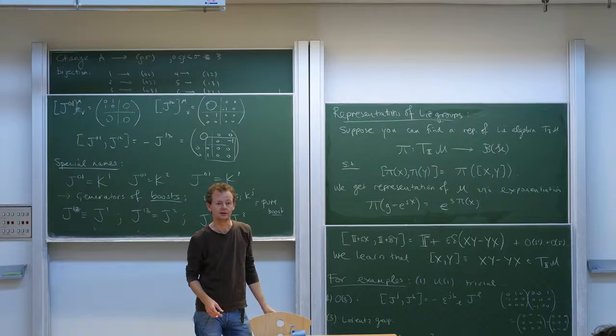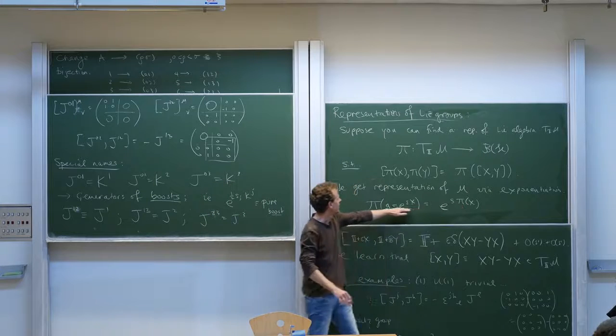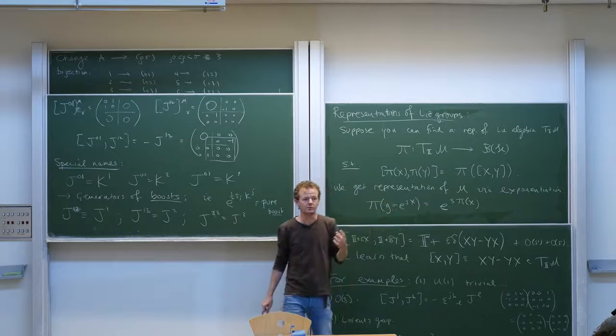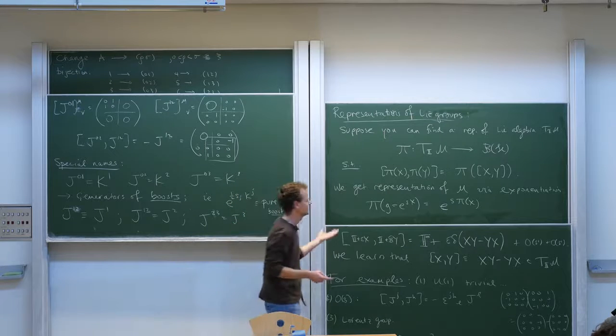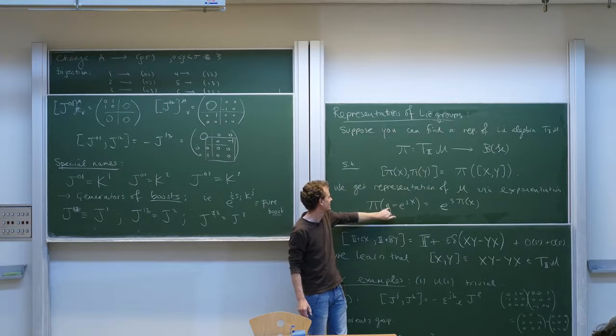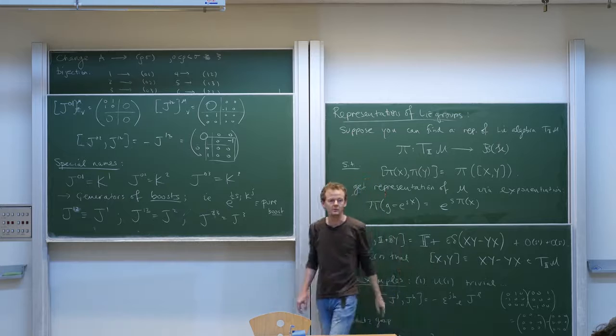It's not so hard to do that. And you can then, through this connection here, just directly get representations for the group. And so that's why people will talk about representing a Lie group, but then always work with the Lie algebra. Because they know that although they haven't actually presented explicitly the matrix elements of the representation of the group element, all you have to do is exponentiate it, and then you'll have the representation.